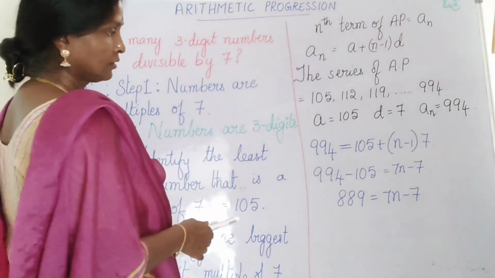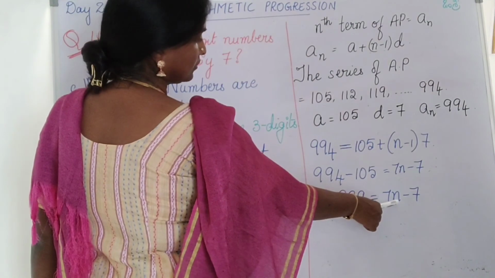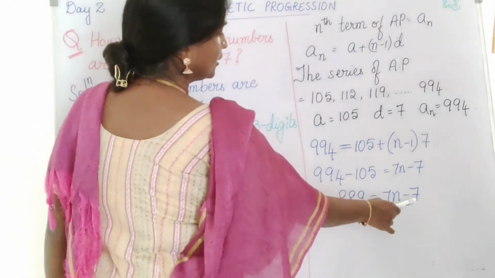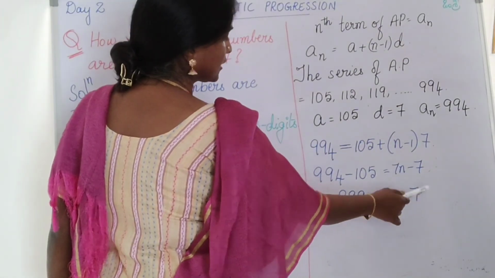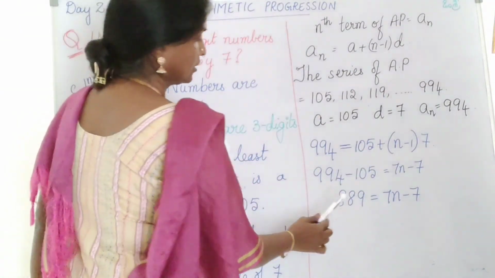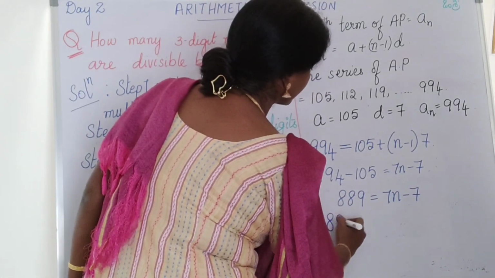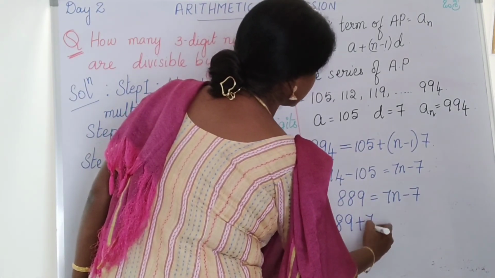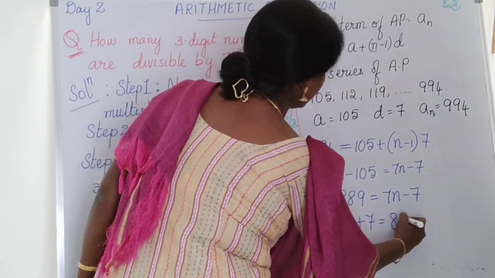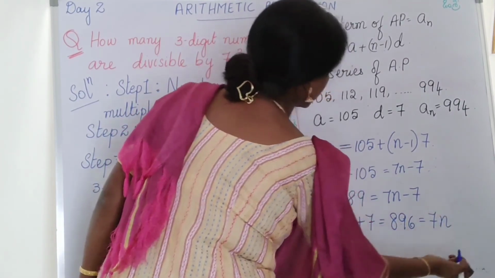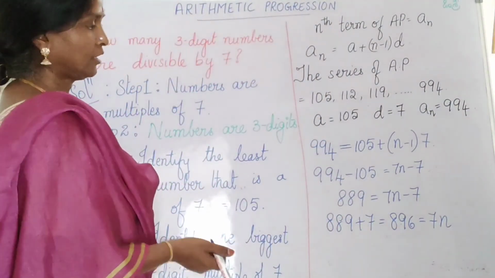Again, to get the value of n, that is a variable, what you have to do? This minus 7 will be transposed to LHS. So here minus 7 will become plus 7, which will be equal to 896 is equal to 7n.